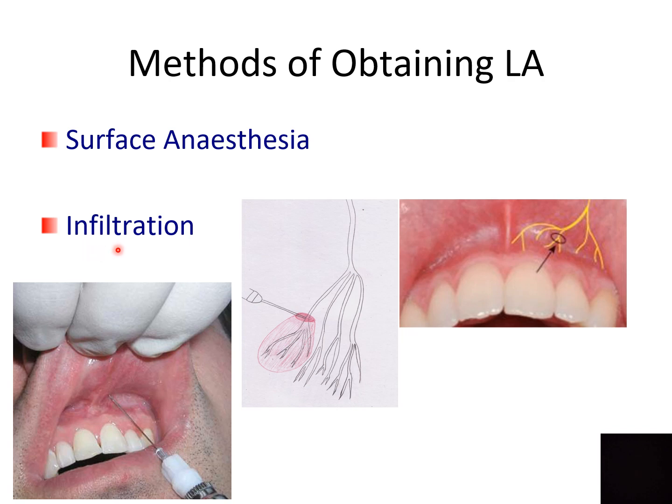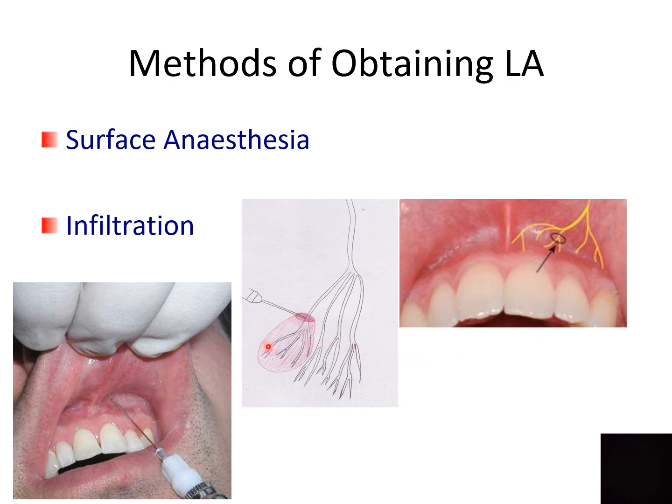The second technique is infiltration anesthesia, which requires use of a needle. Infiltration anesthesia aims to anesthetize the most terminal branches of a nerve close to the site where you plan to intervene. So, for example, if you wanted to treat the upper left central incisor, you would inject close to the root apex of the upper central incisor and anesthetize a single tooth.